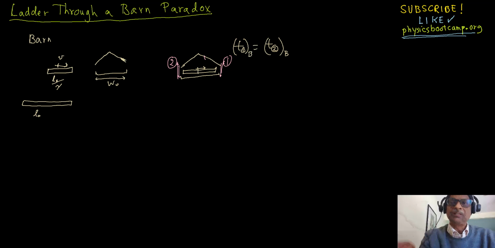And to make it simpler, let's have the x-axis and time axis, and for the ladder, let's assume that these are the same point. So this is O for the ladder, and it's the same O for the barn.